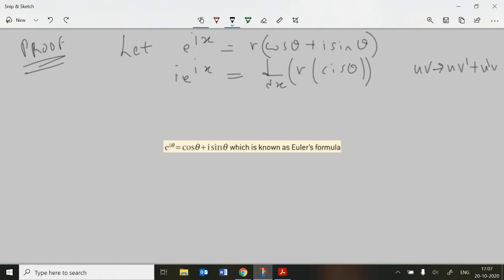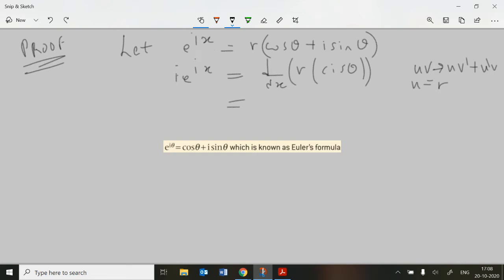Okay, so now we're going to differentiate this thing here, and so we've got u is equal to r, and r is some function of x, so we could say r in terms of x here, but we don't know what that function is in terms of x, but we know that it must depend on x because there's x involved on this side.